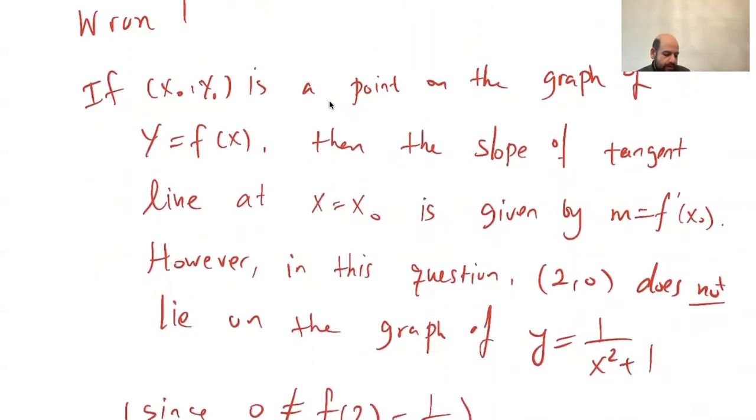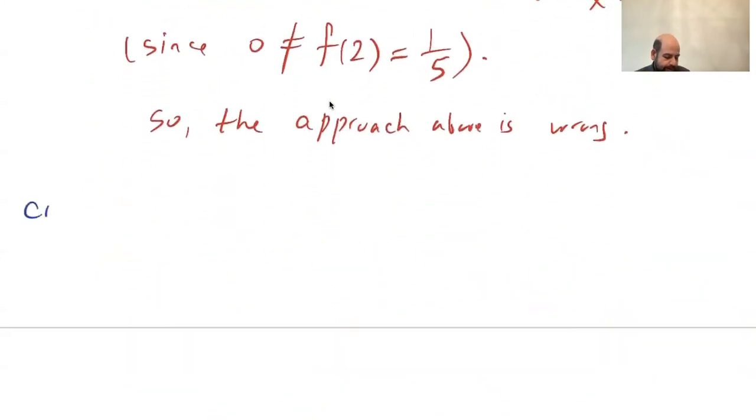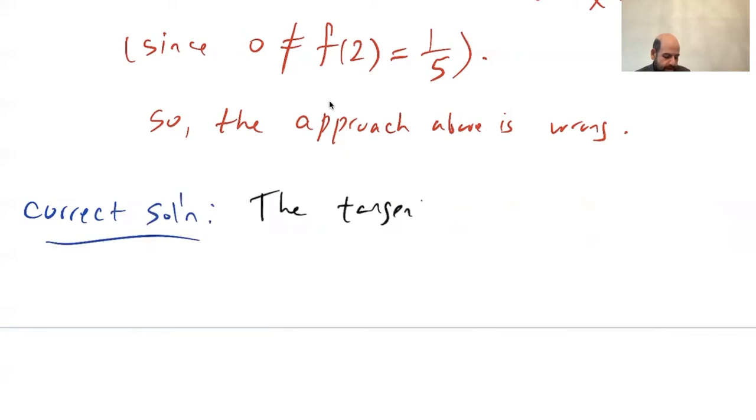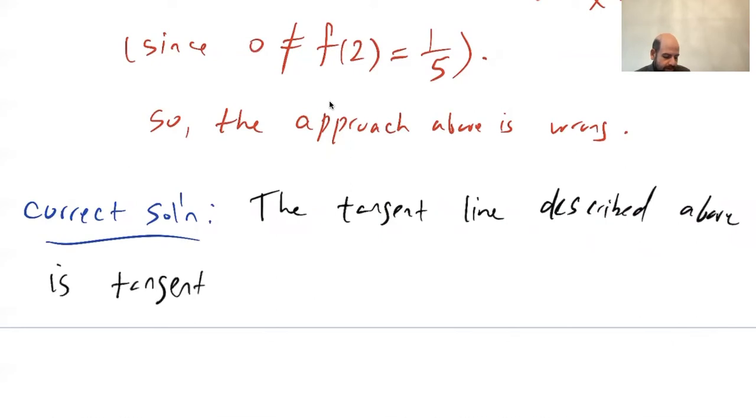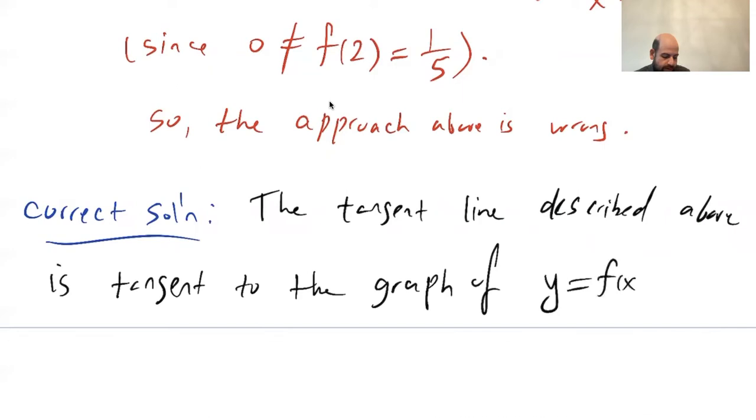Now, what is the correct solution? So the correct solution: the tangent line described above is, of course, tangent to the graph of y equals f of x equals 1/(x² + 1).